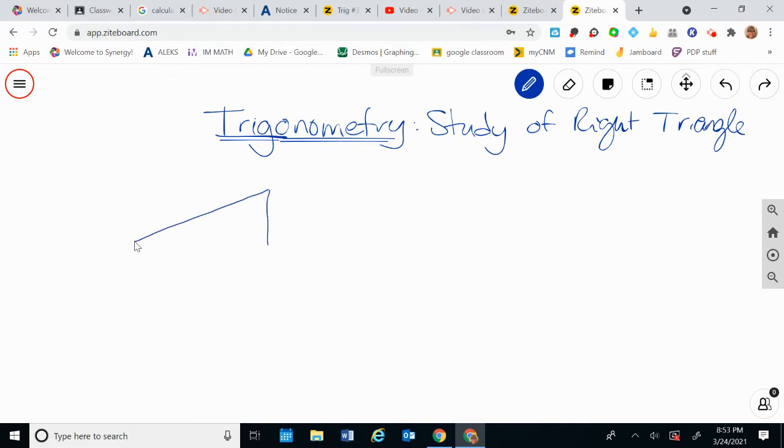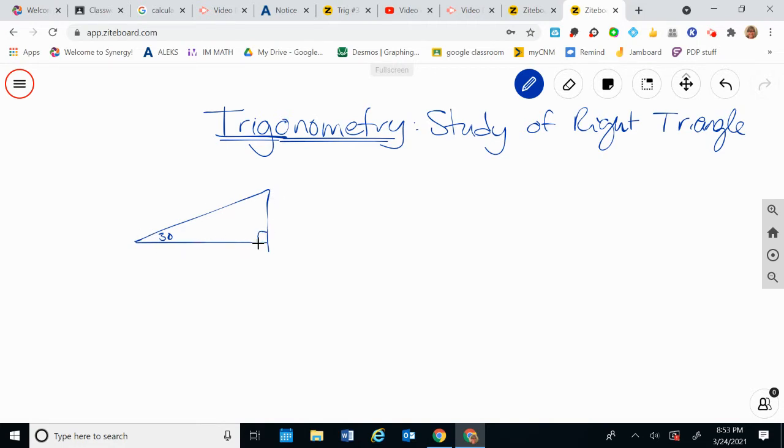If you have a right triangle like this, what we study are the ratios of the sides, because if this is, say, 30, what we know is that these sides have very specific ratios.